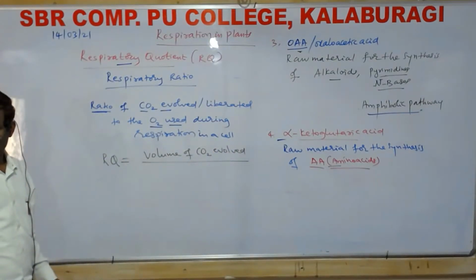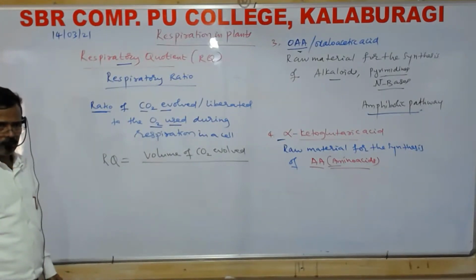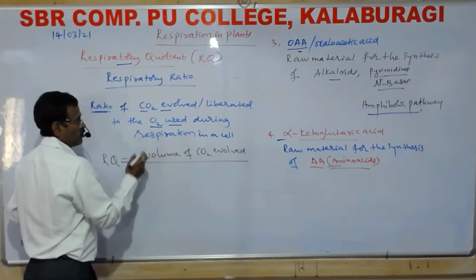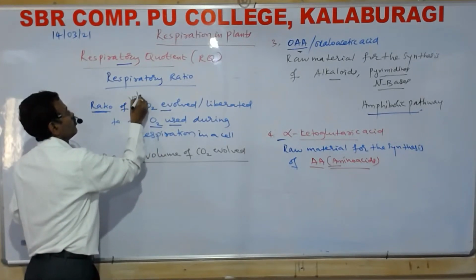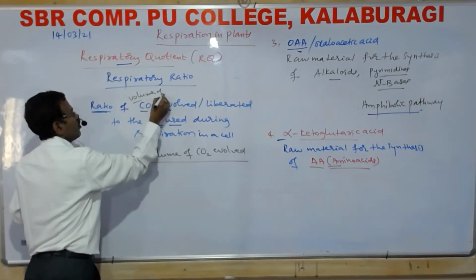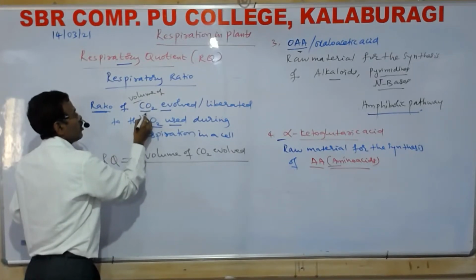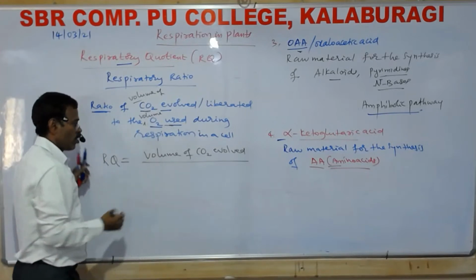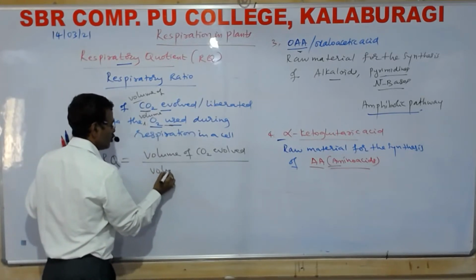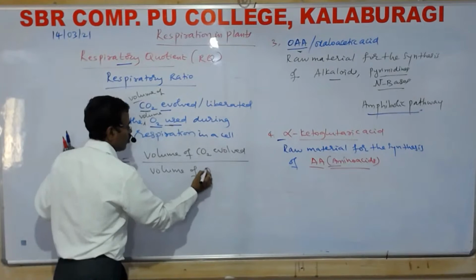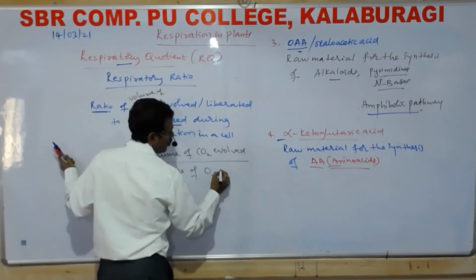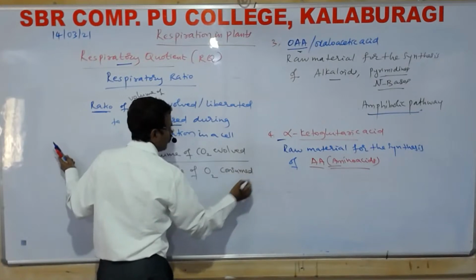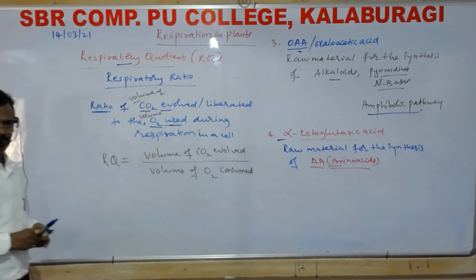The respiratory products are carbon dioxide and water. So it is the ratio of the volume of carbon dioxide evolved to the volume of oxygen consumed, used, utilized.